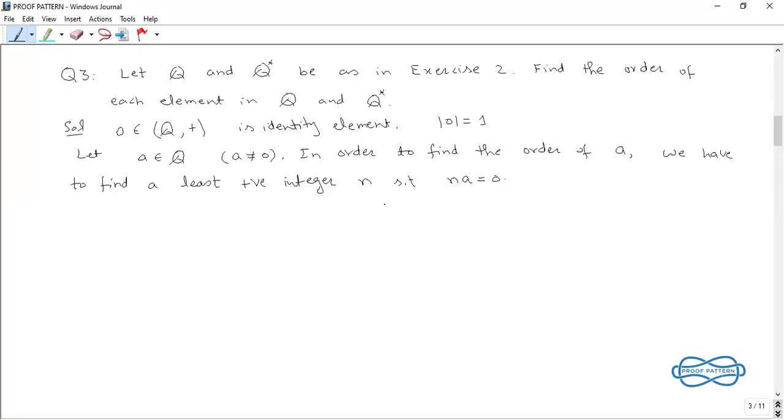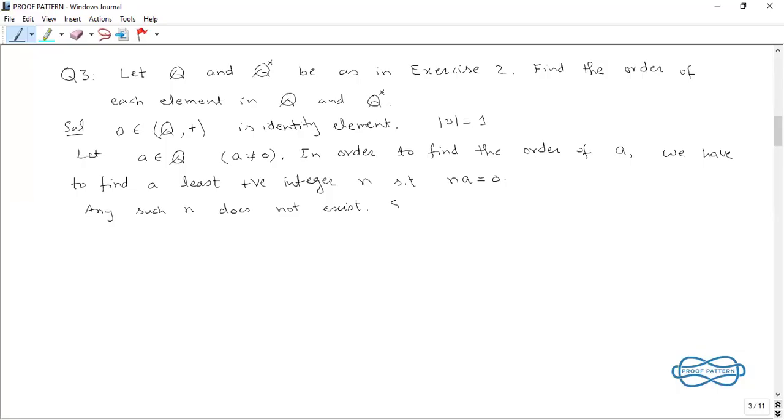So any such n does not exist, because it is not possible in Q that we add some non-zero element to get 0.